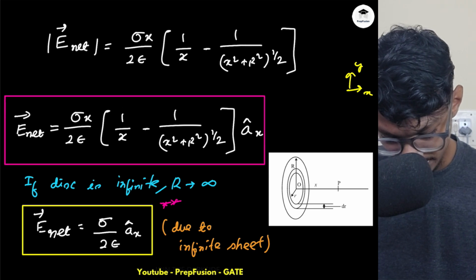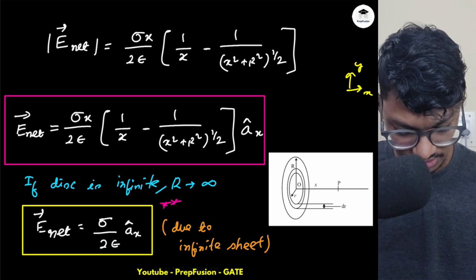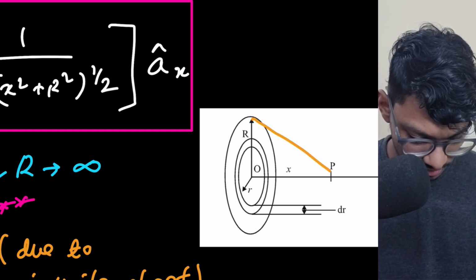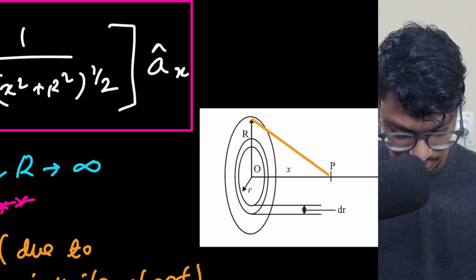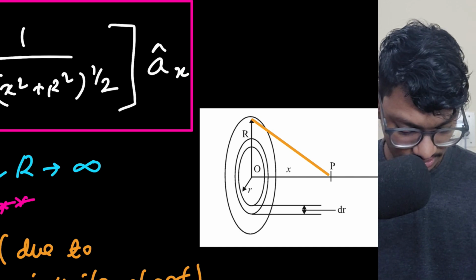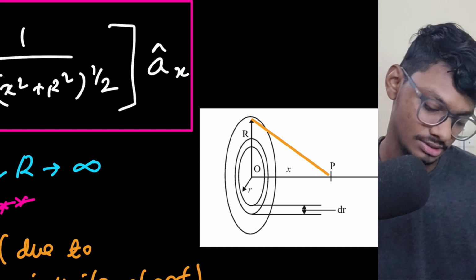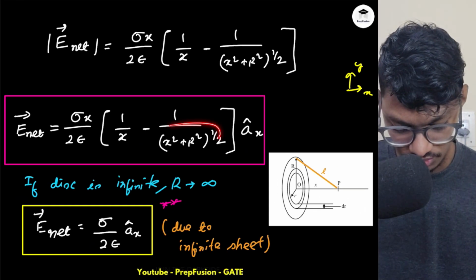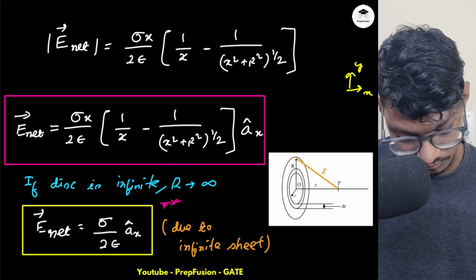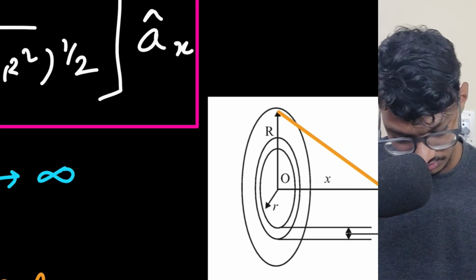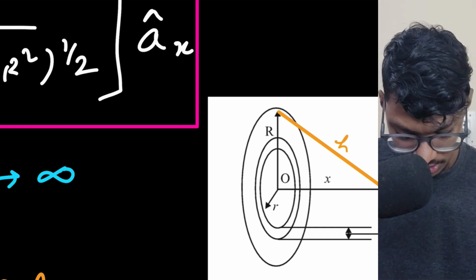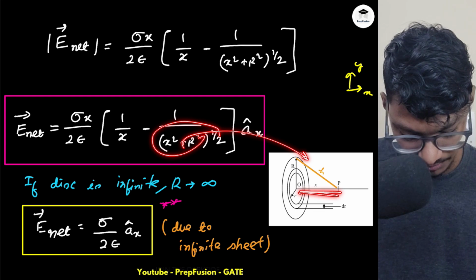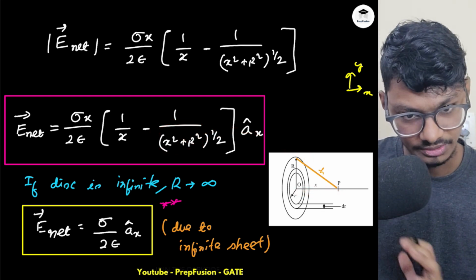This expression is also very important. What is x square plus r square? It is actually this particular length, under root of this. Let's name this L, or you can write this as H as well, whatever is suitable to you. So this expression is basically this H, and this is the perpendicular distance. That's simply it, nothing else.